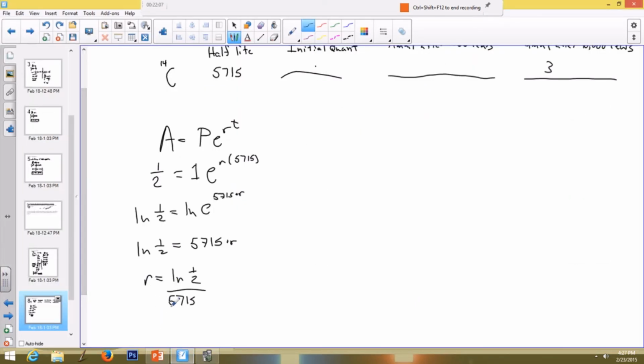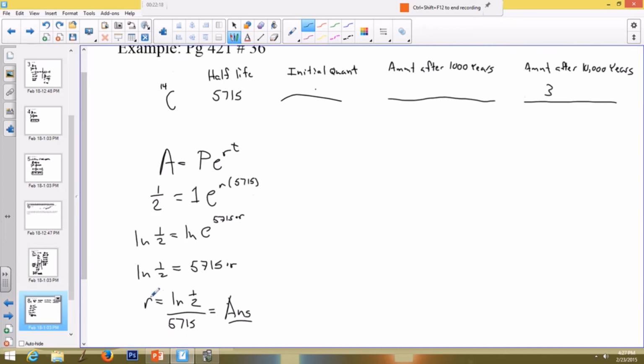I know what that rate is. I don't want to use A because I have that, but we'll call this just ANS for right now. So I have an amount after 10,000 years, and I want to find my initial quantity. What did I start with? If I finished with 3 and I want to know what I started with, that's P, my starting amount.